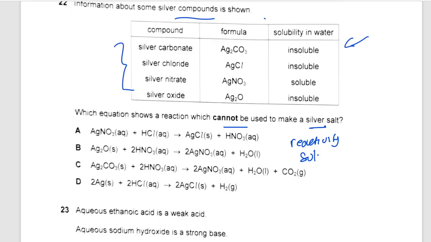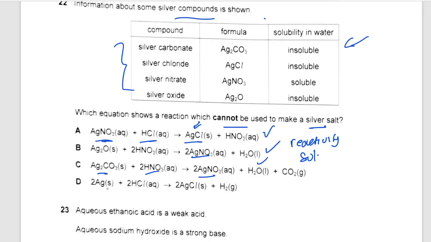Okay, so let's see. When silver nitrate reacts with hydrochloric acid, it does form silver chloride, which is a salt. So this is correct, isn't it? Silver oxide reacts with nitric acid, which will also form silver nitrate, which is a salt too. Silver carbonate plus nitric acid will also form silver nitrate, which is a salt.